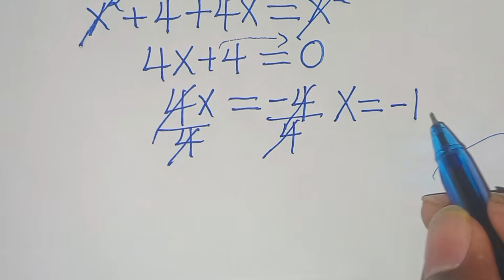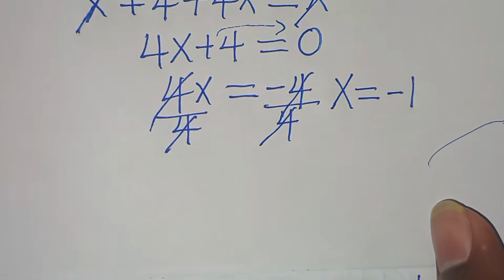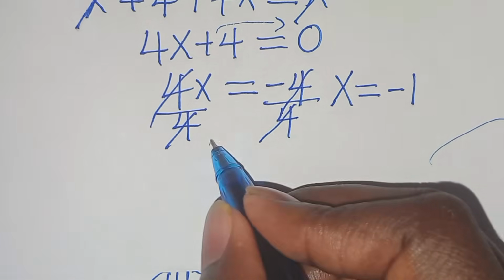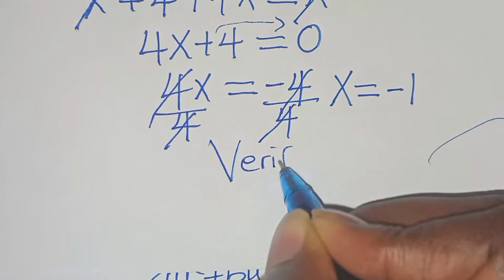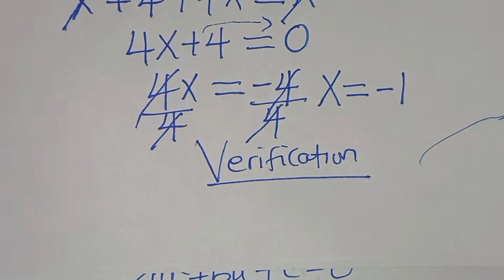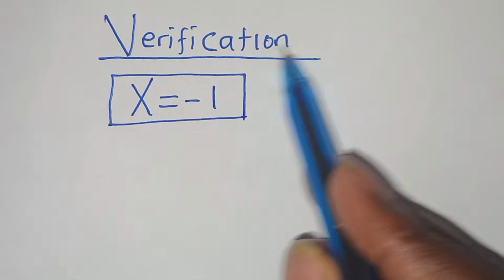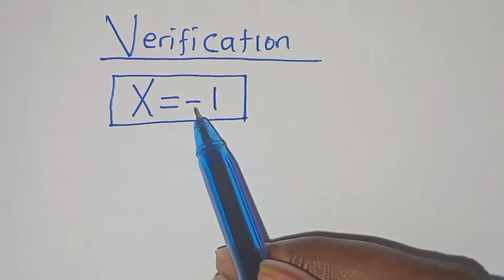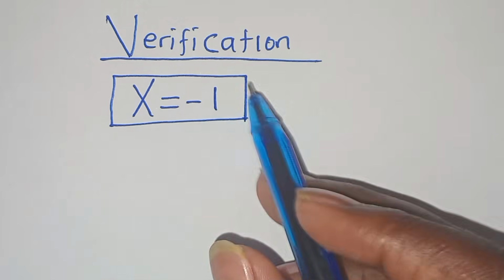X is equal to minus 1. The next step from here is to do the verification. Let's do a verification here that x equal to minus 1 satisfies the equation.